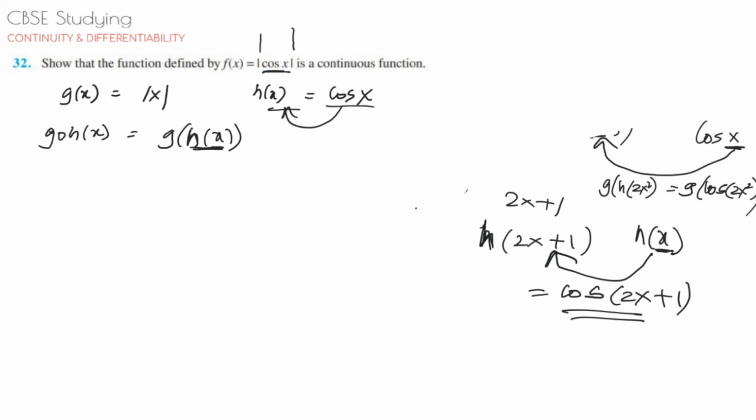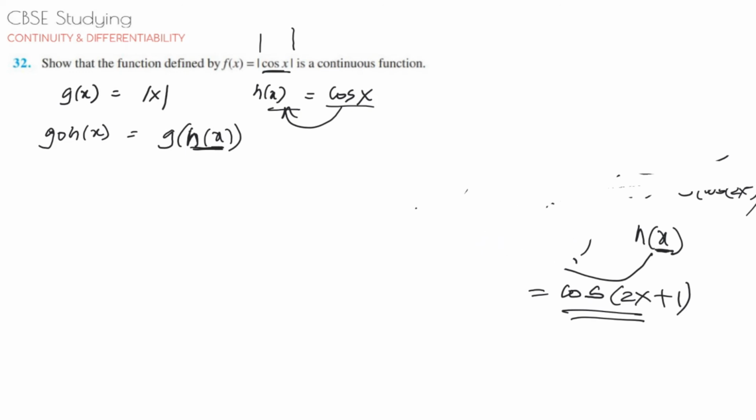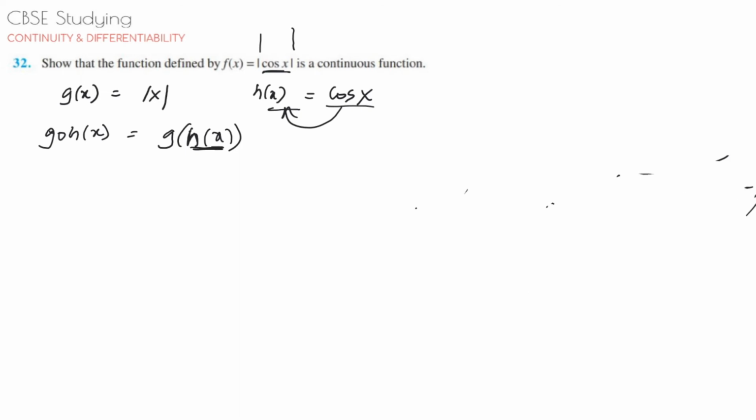All right. I'm going to quickly erase this so that things are a little bit neater. So g of h of x. I'll repeat it one more time.